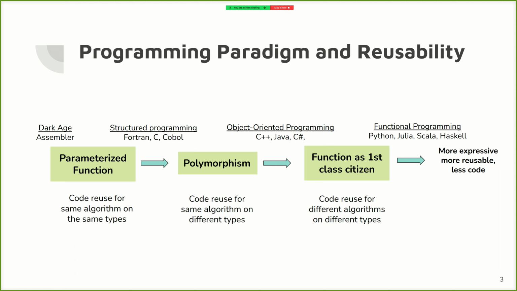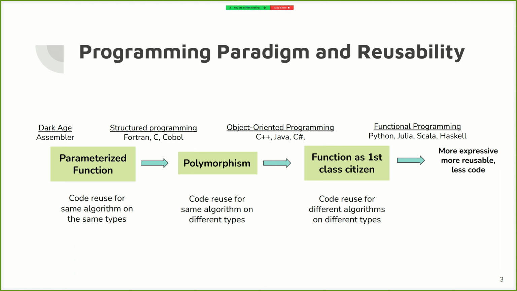The different types will have different behaviors. These special behaviors are captured by virtual functions or methods. This is really the core idea of object-oriented programming. It further improves code reusability and allows the code to be more expressive. Now you can write the same algorithm once and apply it to different types.